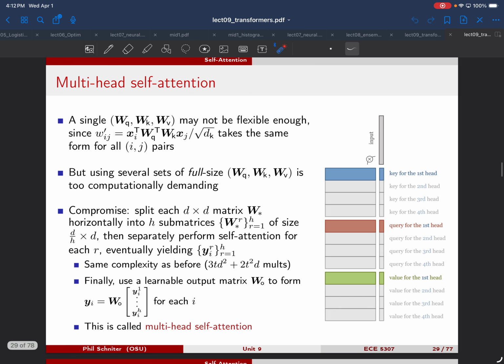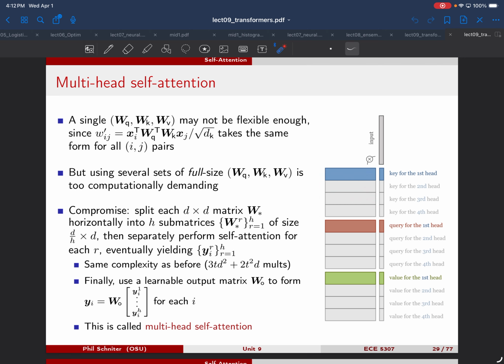And to make it a bit more flexible without increasing the computation much, what they do is they chop up each of these matrices into smaller matrices row-wise. So if this is the original matrix, then they chop it up this way. In this case, they have 4 heads.